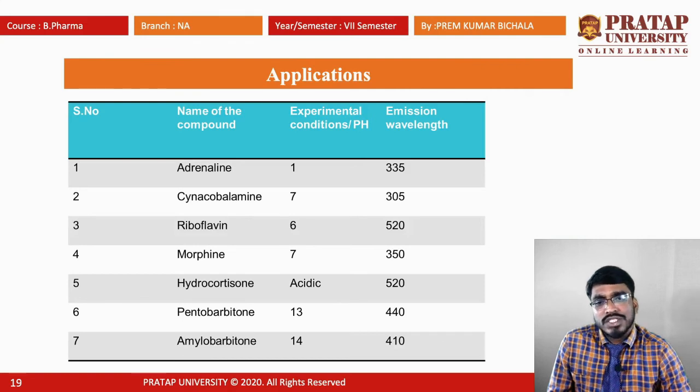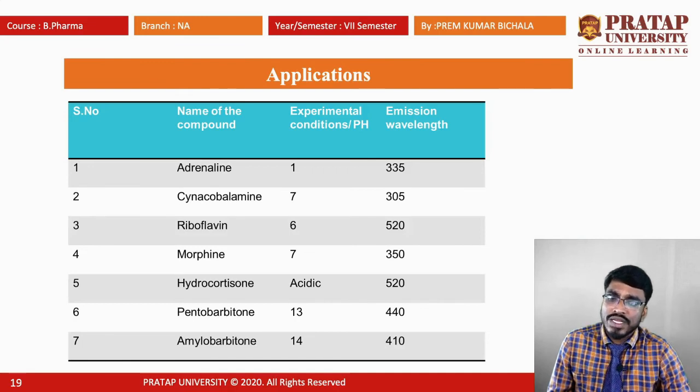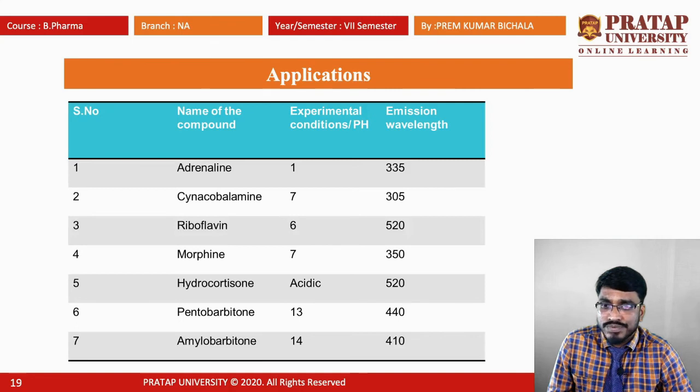Hydrocortisone and riboflavin, we can estimate these two in acidic conditions, where riboflavin we can identify in weakly acidic conditions, whereas hydrocortisone needs a more acidic pH. But both are identified at an emission wavelength of 520.